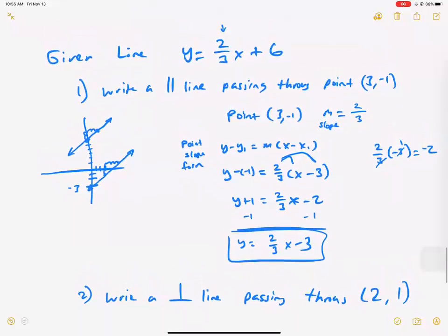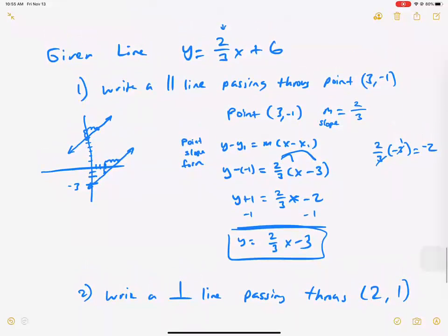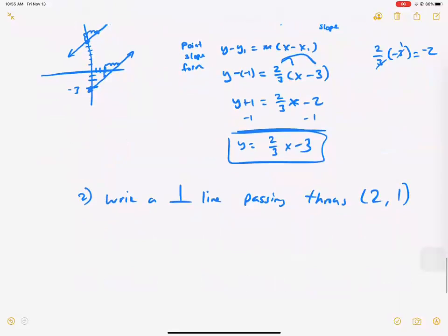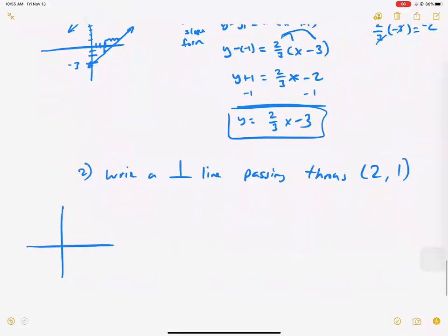So they're going to take exactly the same problem and say, now I want you to draw a perpendicular line, except this perpendicular line is going to cross through 2 comma 1. They want me to take this line and run into it at a 90-degree angle.